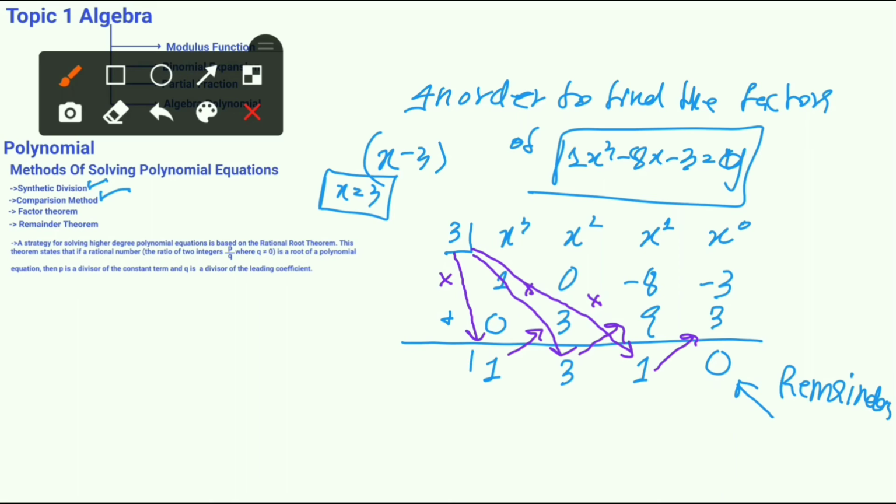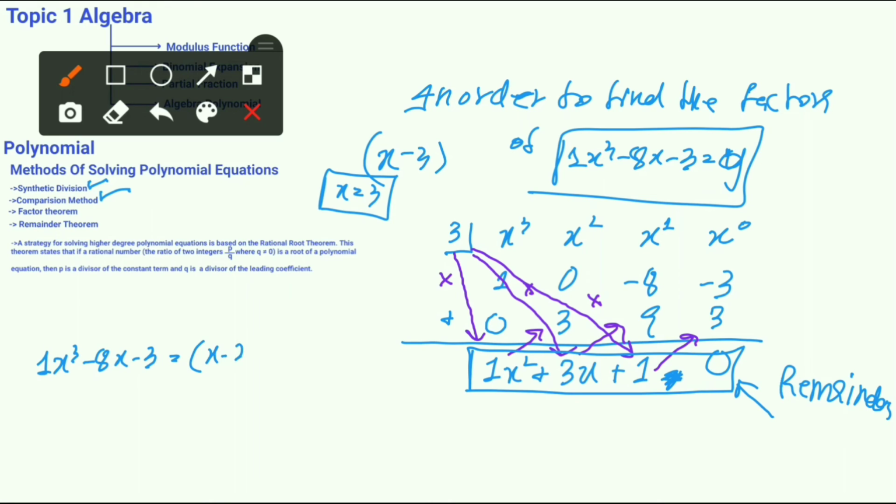Finally we have found another factor. If you break down the cubic equation, we get the quadratic equation, 1x square plus 3x plus 1. So 1x cube minus 8x minus 3 equals x minus 3 times 1x square plus 3x plus 1, plus r, which is 0.